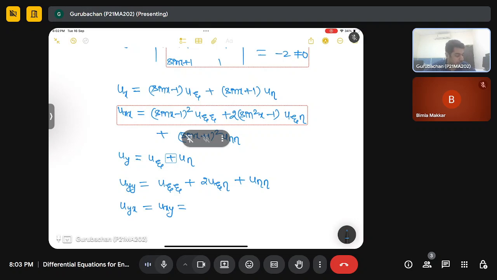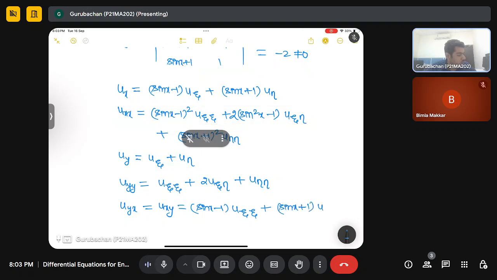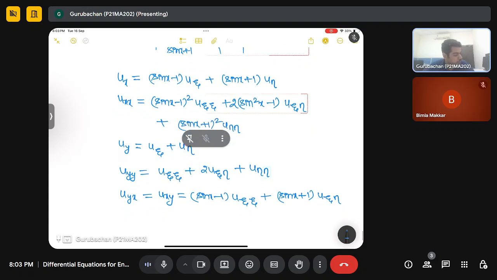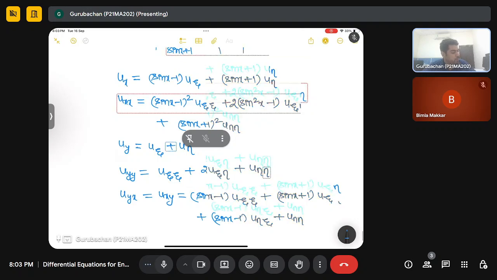Then xi with respect to x is sin x minus 1, sin x minus 1 u xi xi, and when you differentiate with respect to eta, and eta with respect to x, this will give you sin x plus 1 u xi eta, and the other expression is sin x minus 1 u eta xi, and when you differentiate u eta eta, this will give you 1.